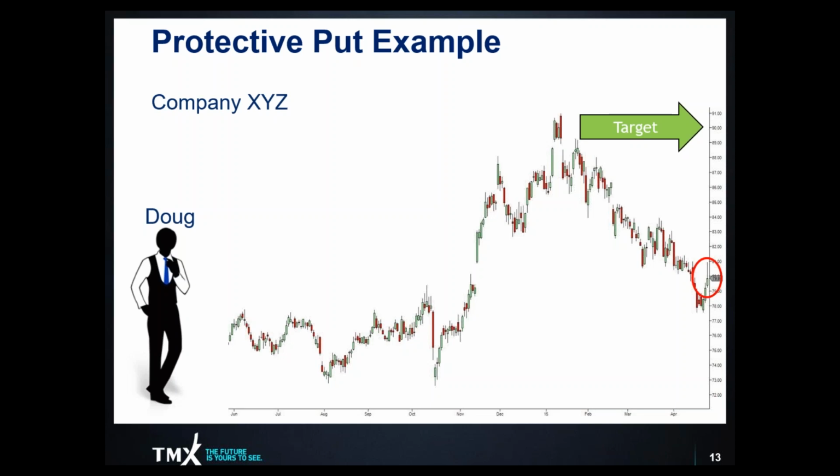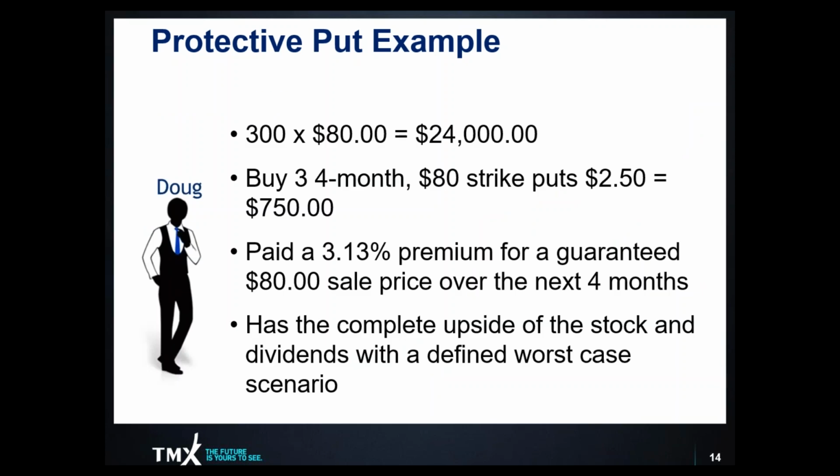Expectation is that there's going to be an appreciation back up to retest those highs at 90. But given the sell-off that has taken place, Doug's not 100% sure whether or not there may be a continuation lower, conceivably even back down to, let's say, $72, $73, where the stock was trading not so many months ago.